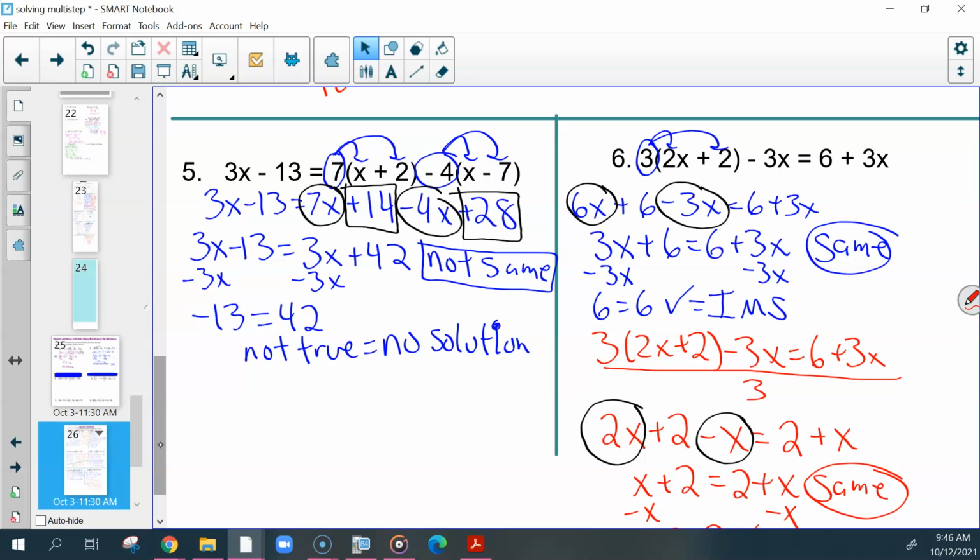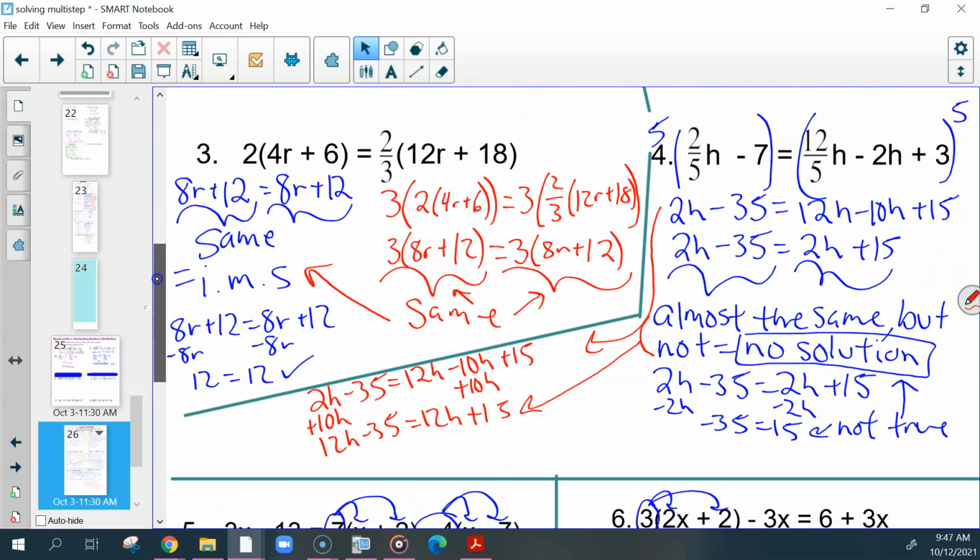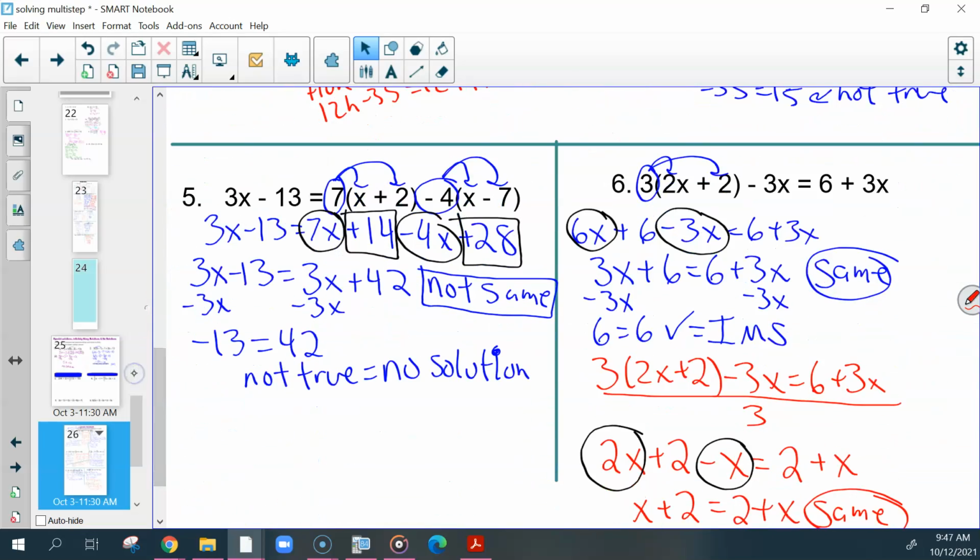Or if you solved it, you would have gotten 6 equals 6. So 6 IMS, 5 no solution, 4 no solution, 3 IMS. Do you have questions on any of those?